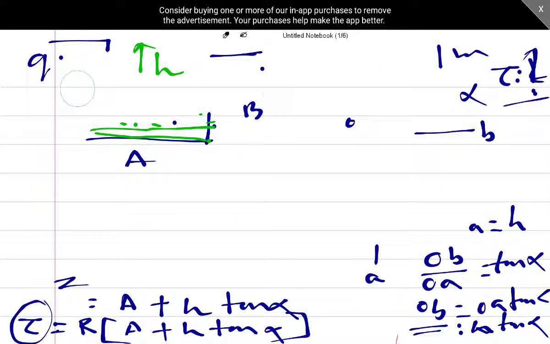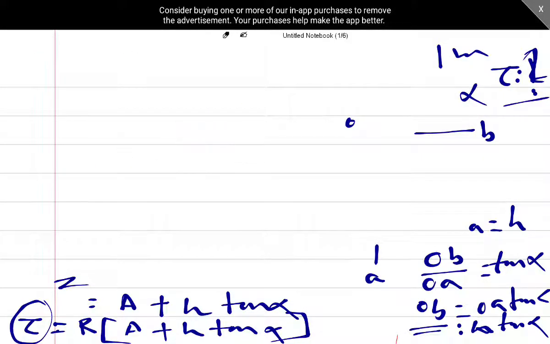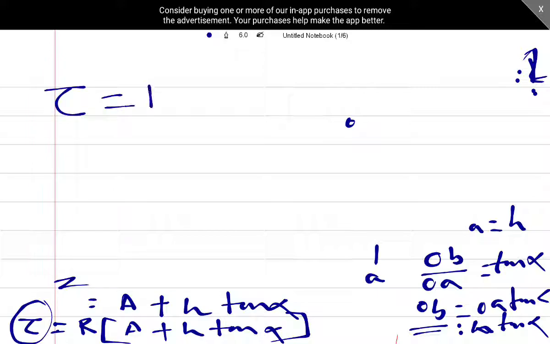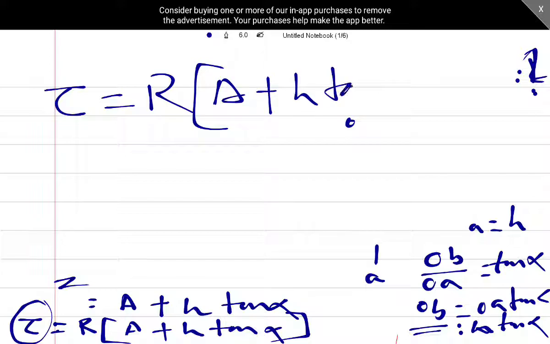Now, try to understand that in this expression tau is equal to r into a plus h tan alpha, here r is constant, r is the restriction or resistance, the value of r is constant, a value is also constant, the distance between the one slanted height and the opposite height, that is also constant.